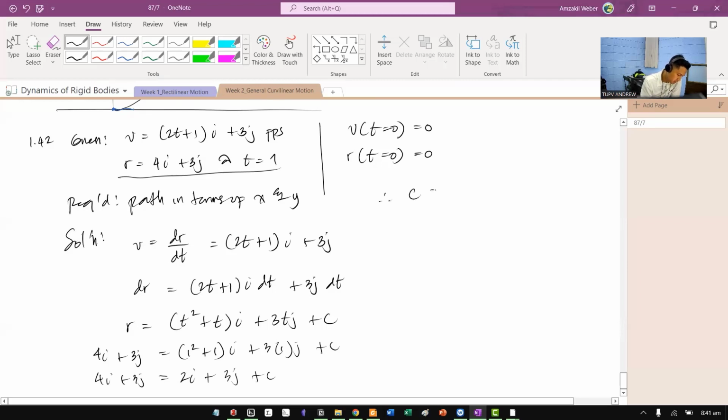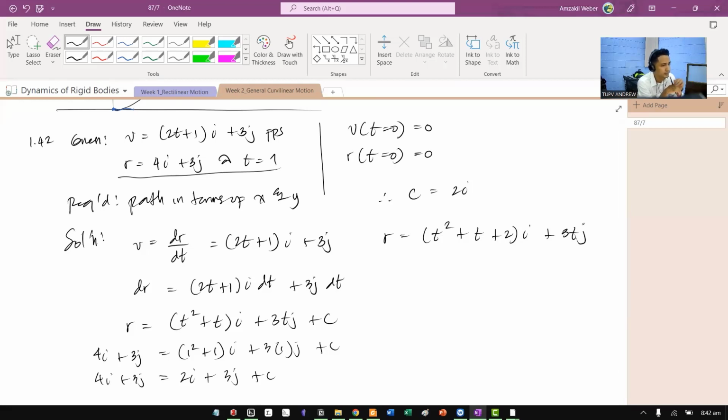Therefore, the constant of integration c is equal to 2i. Right? So we can complete the position equation, which is r equals, since c is 2i, we add it to t squared plus t plus 2i plus 3tj. Okay? So the position vector is completed.